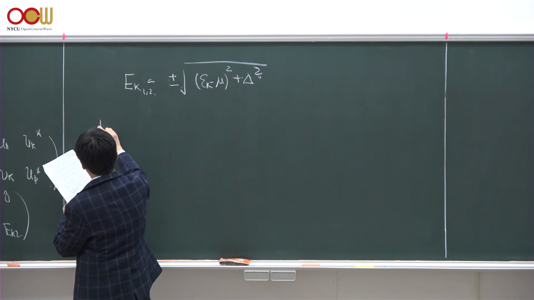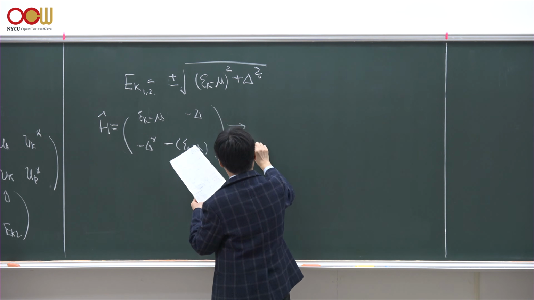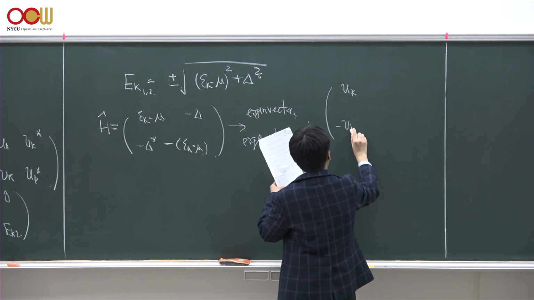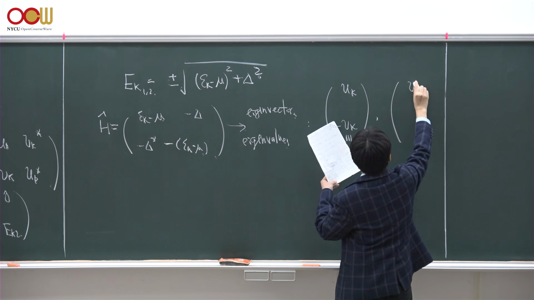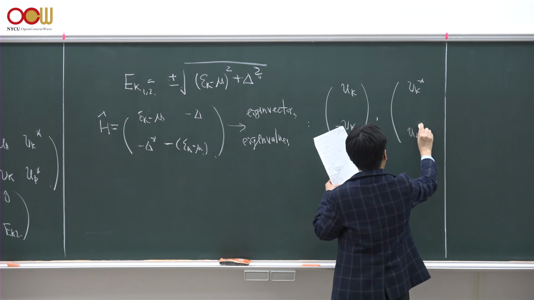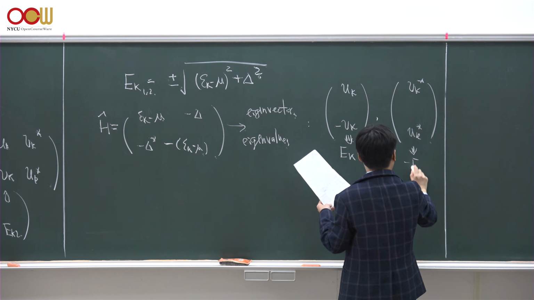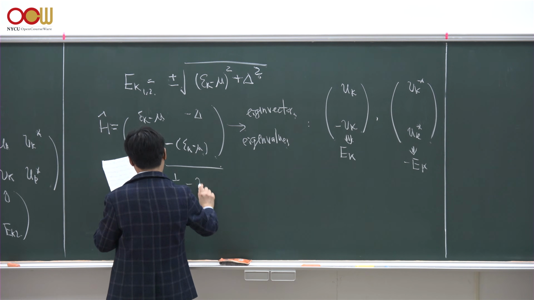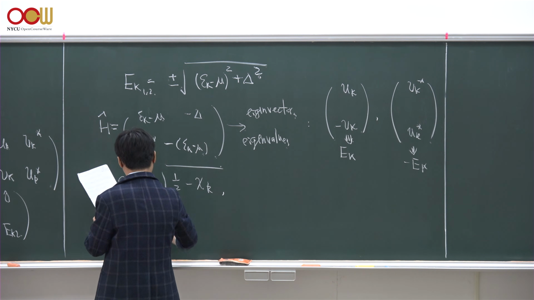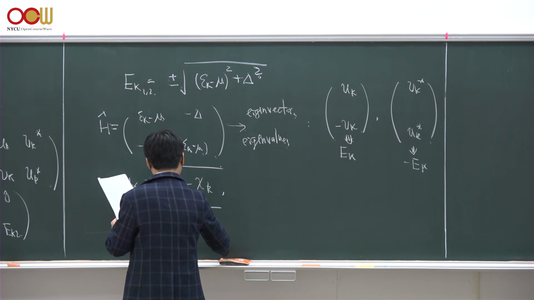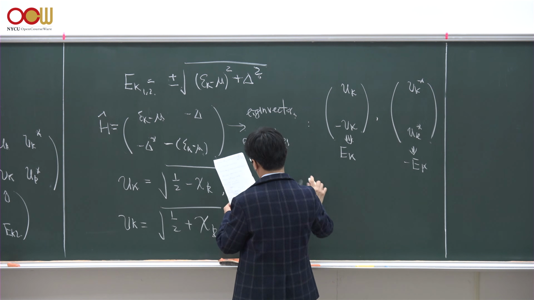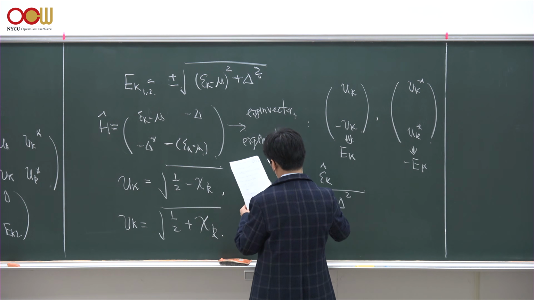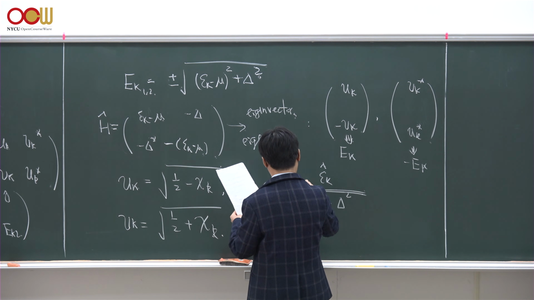Let me summarize the eigenvalues and eigenvectors: u_k, minus v_k, v_k star and u_k star correspond to minus E_k. u_k is defined as the square root of 1/2 minus chi_k, and v_k the square root of 1/2 plus chi_k, where chi_k involves epsilon_k, with delta squared under the square root, and an overall factor of 1/2.